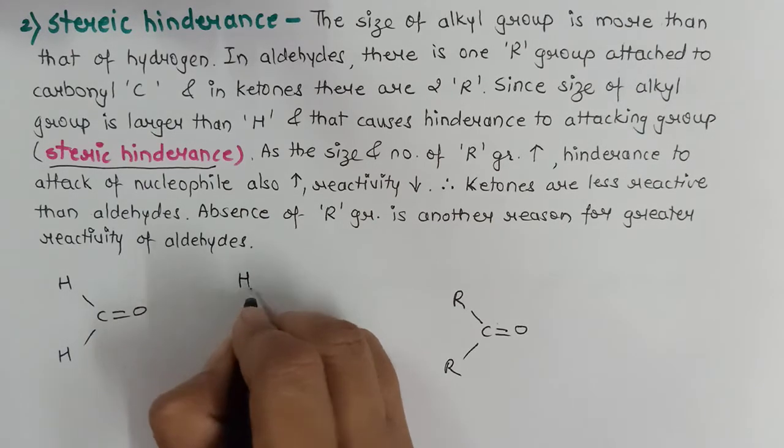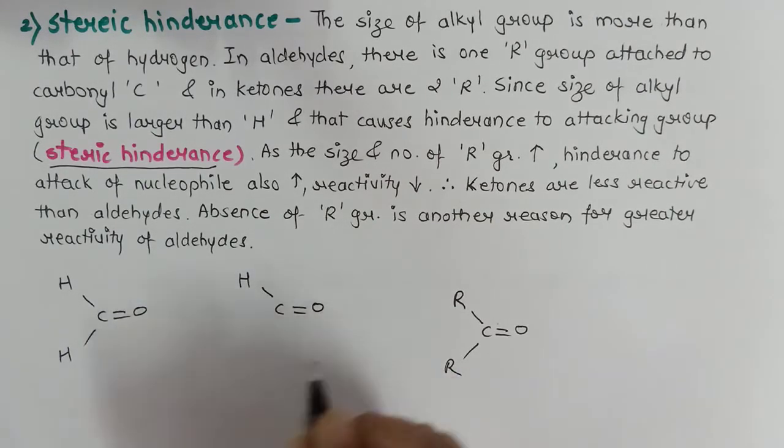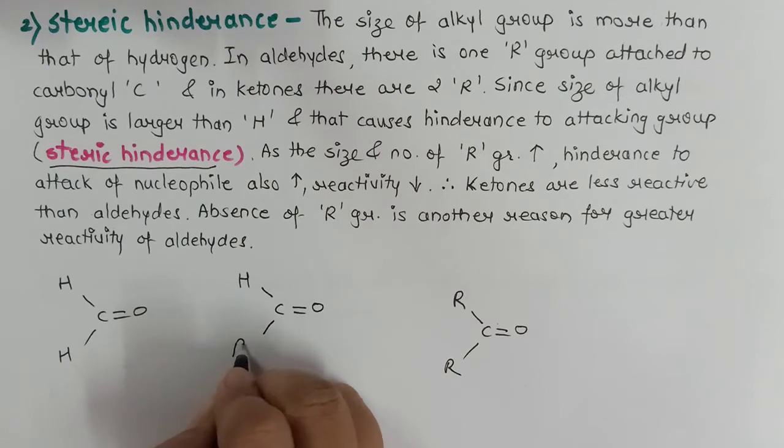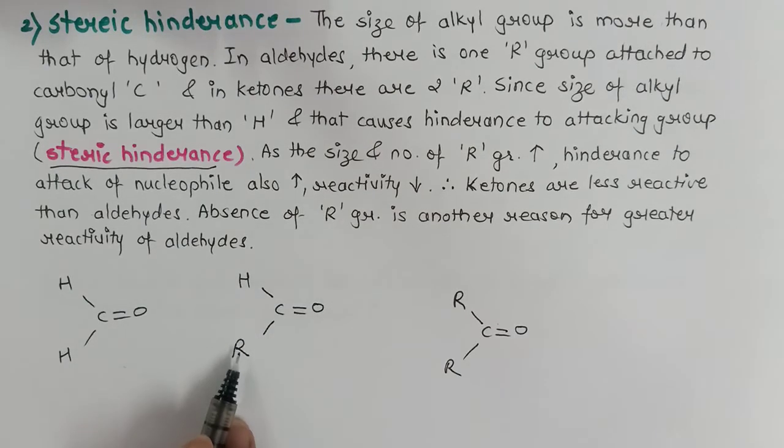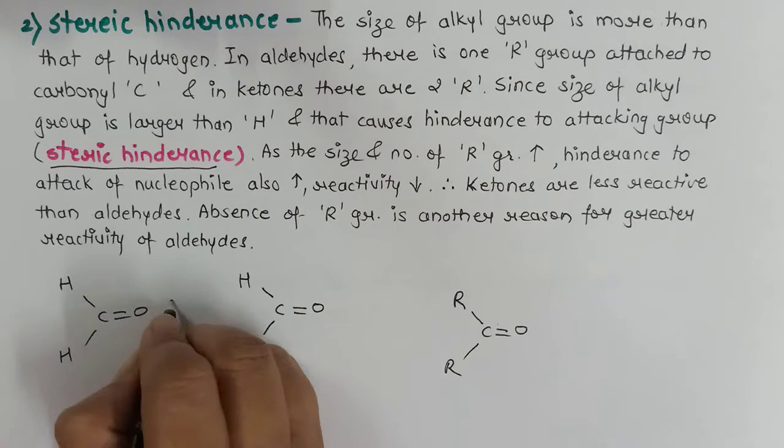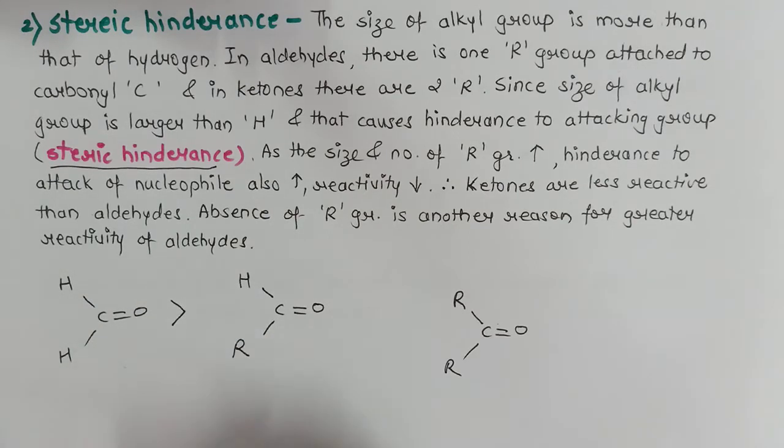If I compare an aldehyde other than formaldehyde, there will be only one alkyl group, so there will be hindrance, but compared to ketone it will be less hindrance. As a result, formaldehyde becomes the most reactive one and ketones become less reactive for nucleophilic addition reaction.